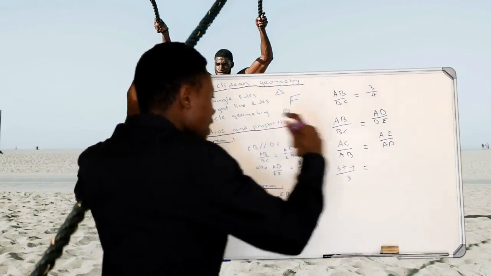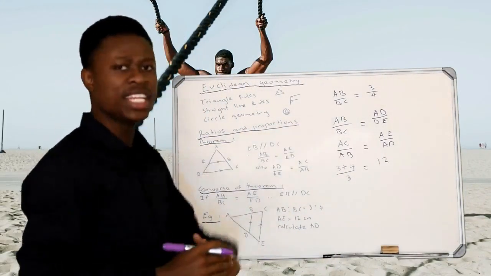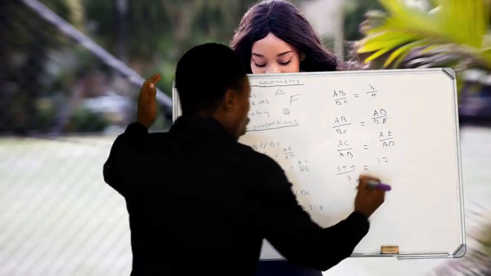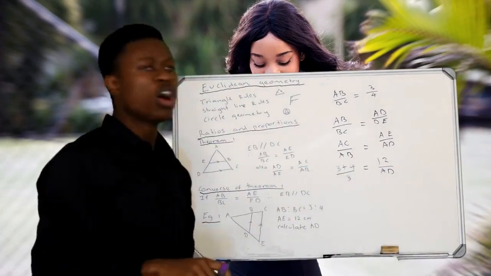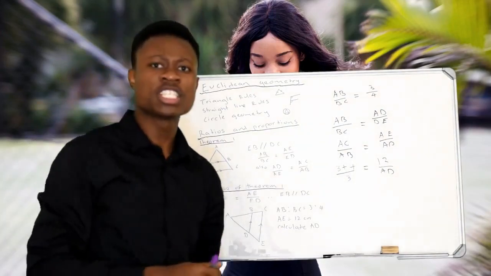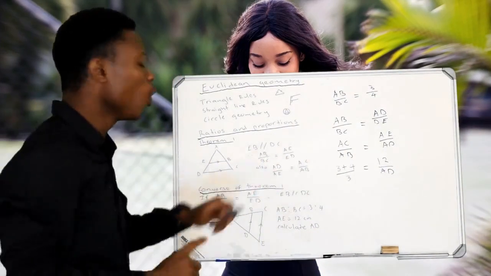But AE is in centimeters, right? It's an actual unit. So that means that AD has to be an actual unit. So AD is what I'm looking for, so I don't know what that is, right? So now I only have one variable that's missing in my equation. So I solve for AD.